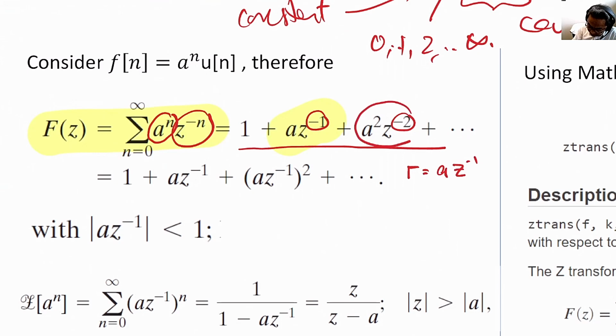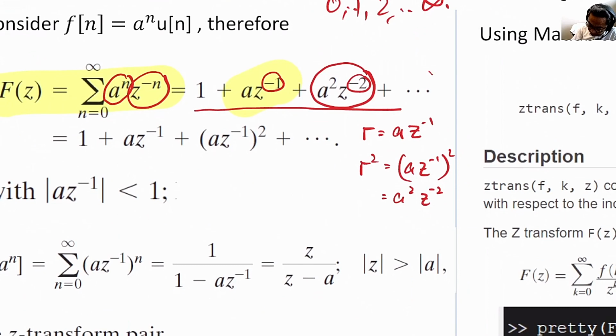So this guy is r squared, which is (az^-1) squared, a squared z^-2. And then the third guy, of course, is r cubed, is a cubed z^-3, and so on.